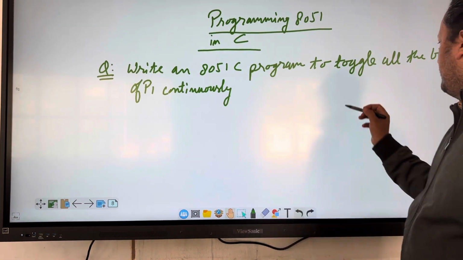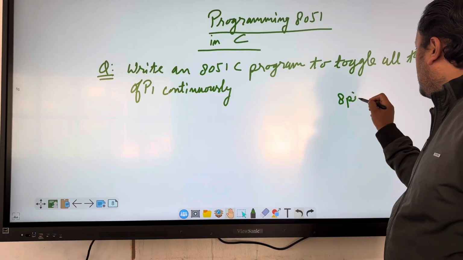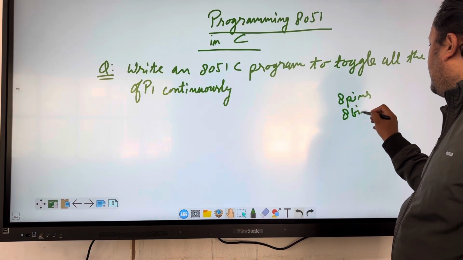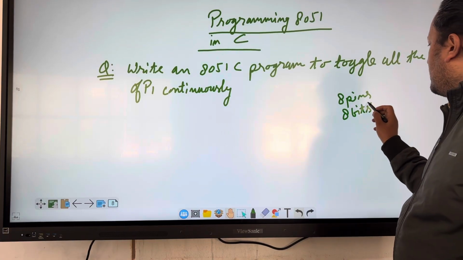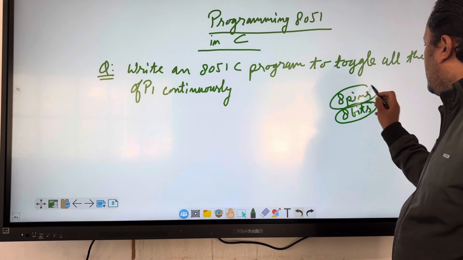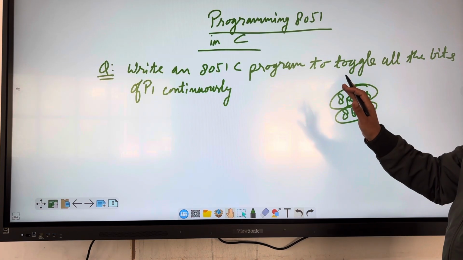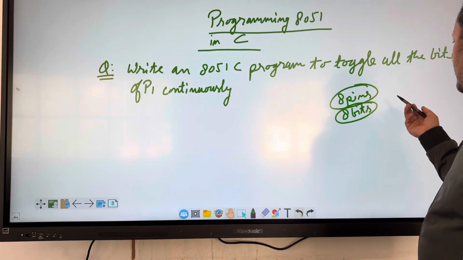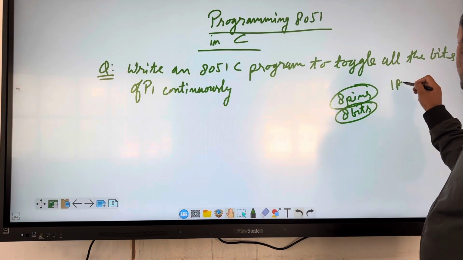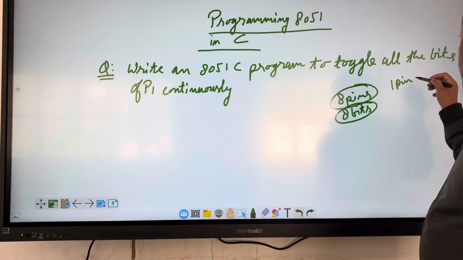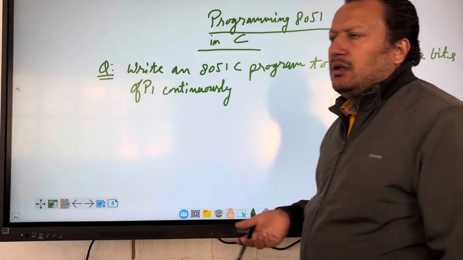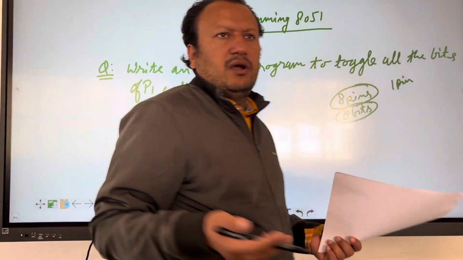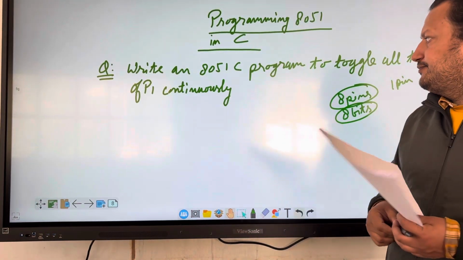The port has 8 pins, so port 1 will have 8 bits. We are toggling the whole 8 bits of port 1. For LED blinking you can use all 8 pins or just one pin, because an LED will be connected to only one pin. Here you are actually blinking 8 LEDs. You can understand it in this manner.